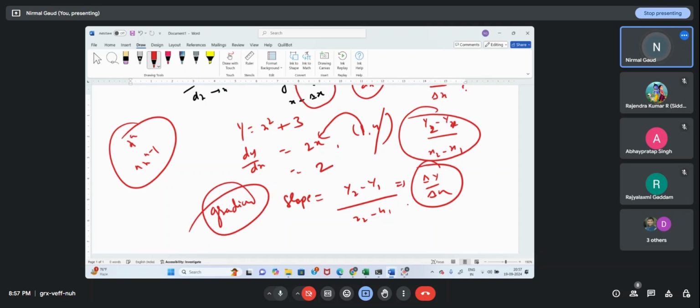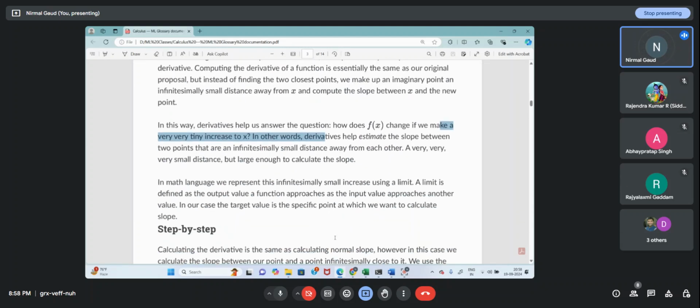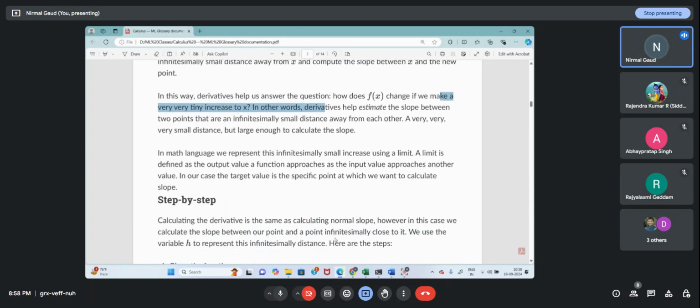That is what calculus is, small steps. So that is how we can estimate the slope between 2 points which are at a very small distance from each other. In math language, we represent an infinitely small increase using a limit. Limit is also one of the concepts.